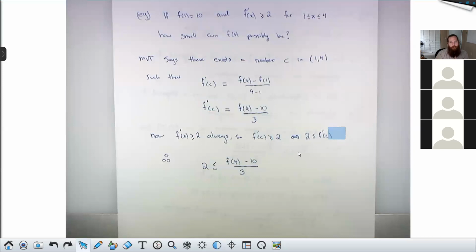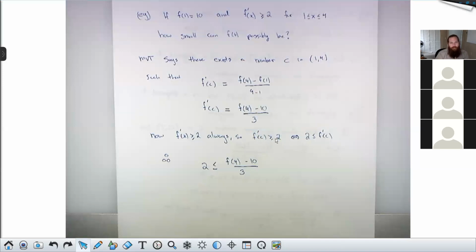So take a second to think about the inequality work that's gone on here. F prime is always bigger than 2. So this particular value of f prime of c is guaranteed bigger than 2 because f prime of x is always bigger than 2. This is a particular value of the derivative, and we're told that the derivative is always bigger than 2, so this particular value needs to be bigger than 2.